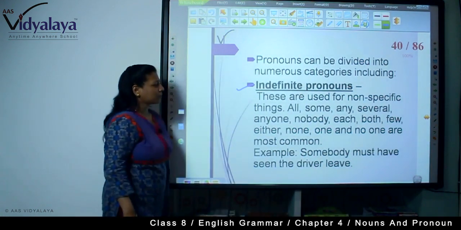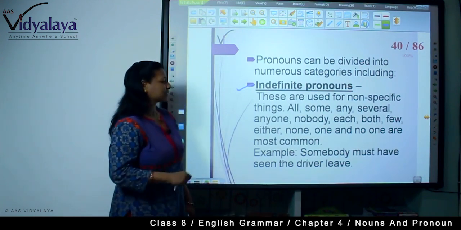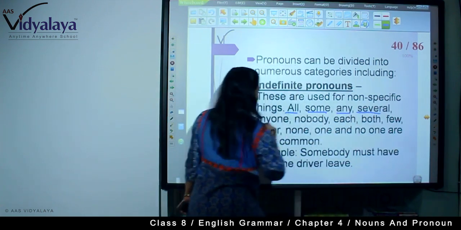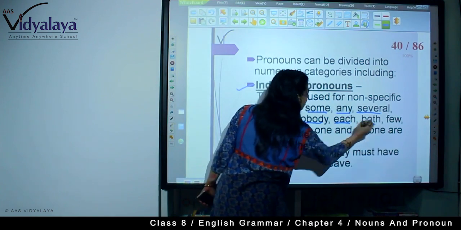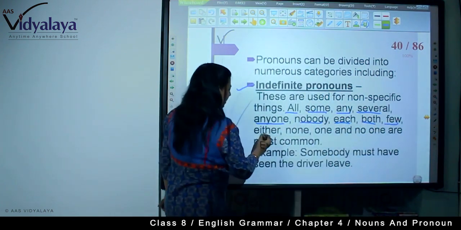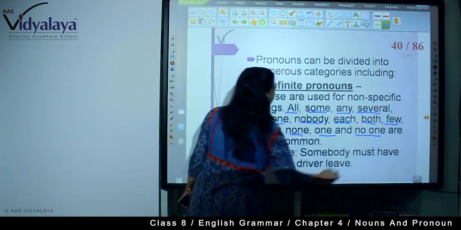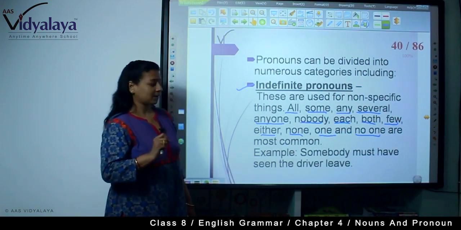Now, indefinite pronouns are used for non-specific things. For example, all, some, any, several, anyone, nobody, each, both, few, either, none, one, and no one are the most common. These are non-specific, right?